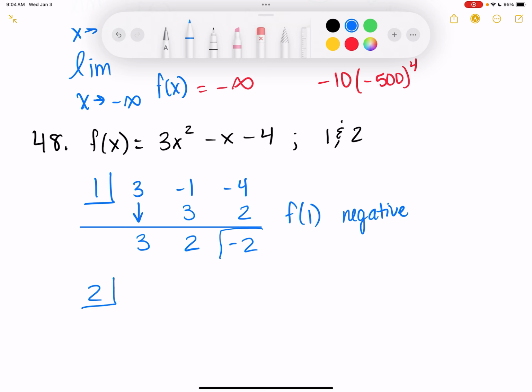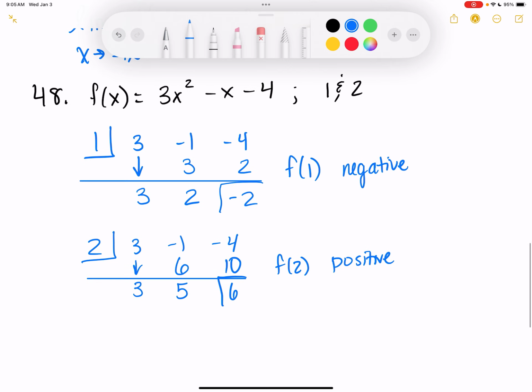Now we use the same original numbers, so 3, -1, -4. Bring down the 3. Times 2 is 6. Minus 1 is 5. Times 2 is 10. Minus 4 is 6. So 6 is a positive number, so that means f of 2 is positive.